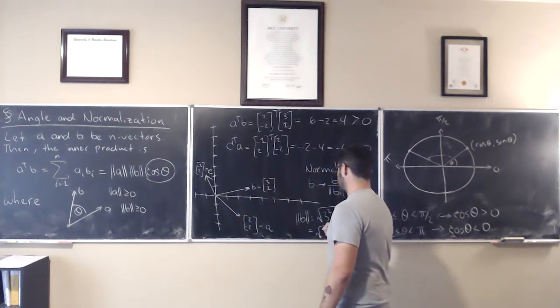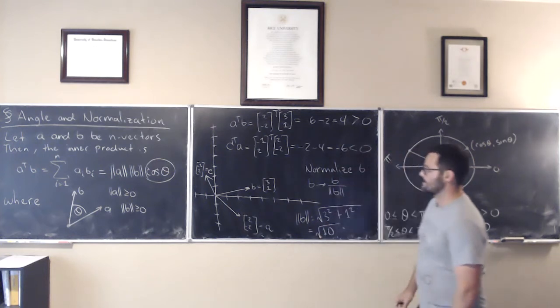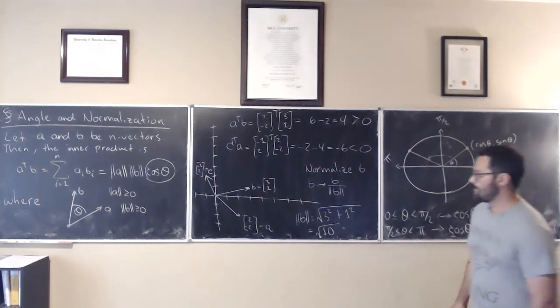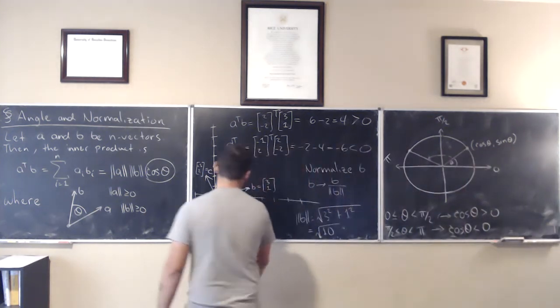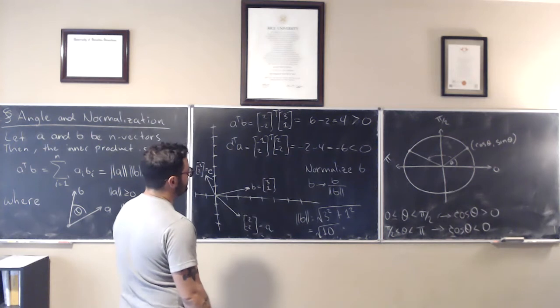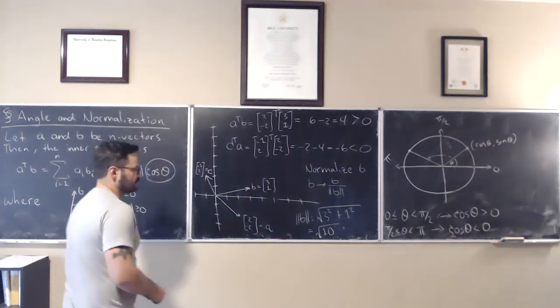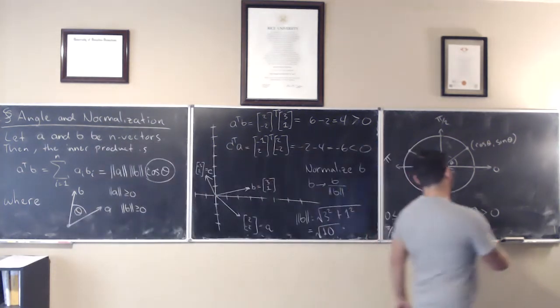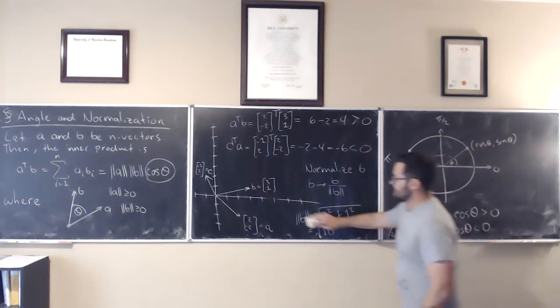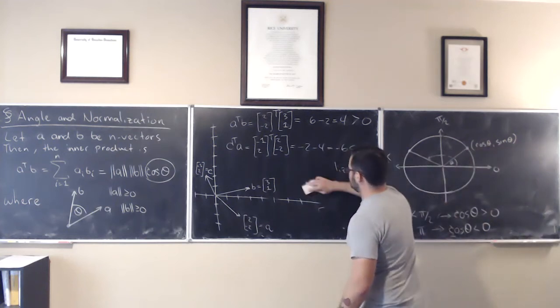So that's a square root of 10. So let me do a different vector actually than B, because I don't want to approximate it with some square root business. Let me do a different one.